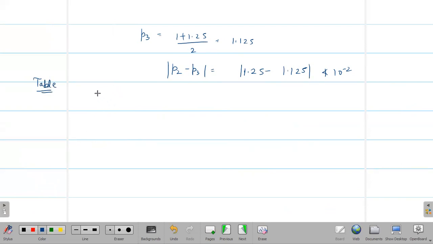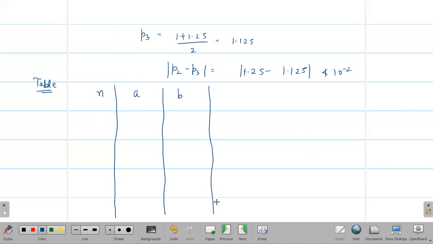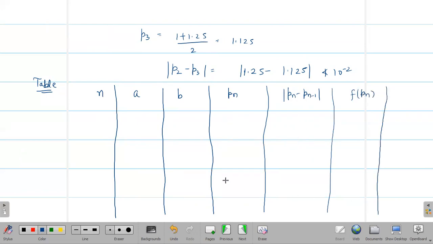In the table, you have to write the number of iterations, and A, that is our first point of the interval. B is the second point of the interval. And here I'm taking Pn, that will be the midpoint of this. Here I will check Pn minus 1, that is for the tolerance. And here I can check the sign, positive or negative.